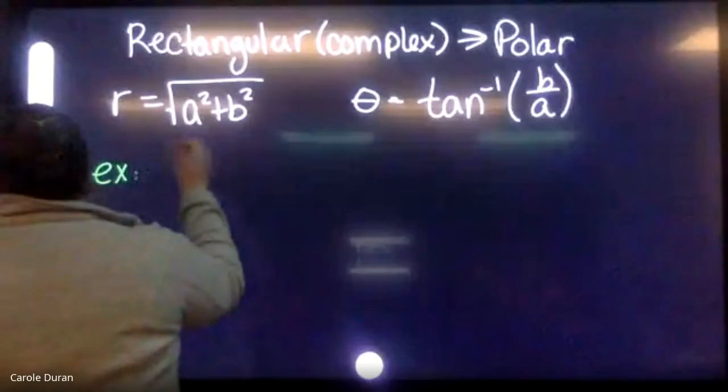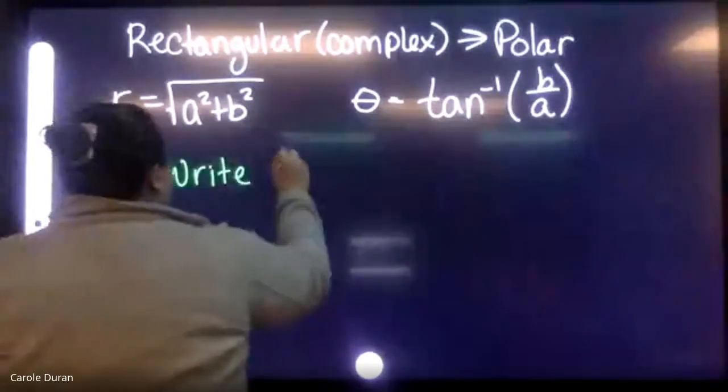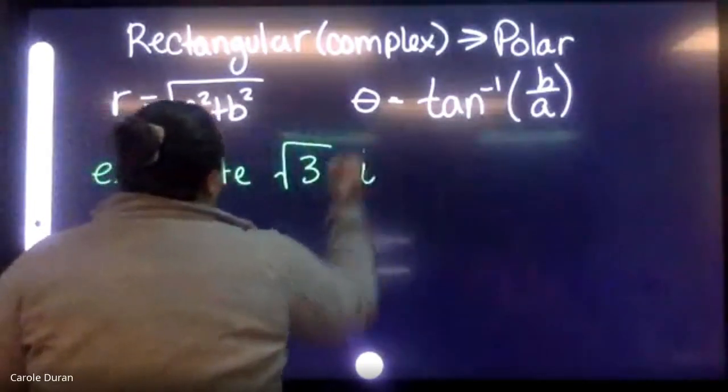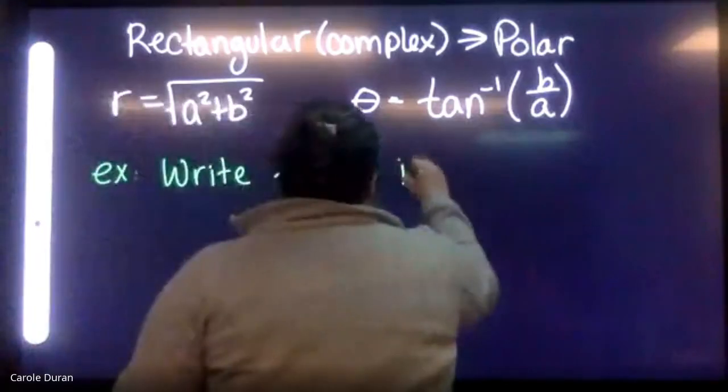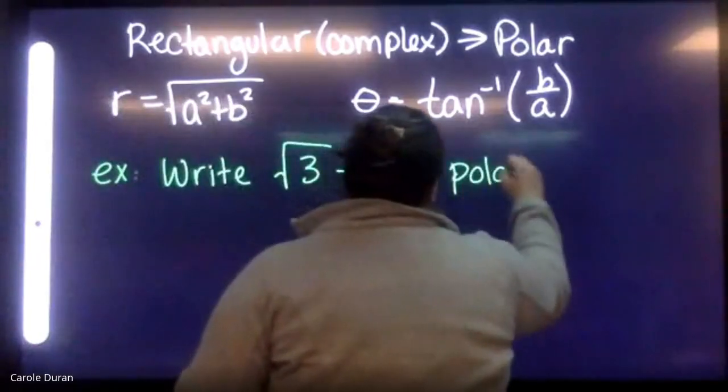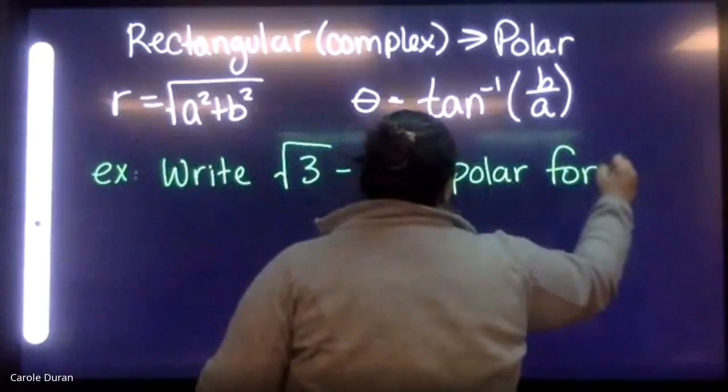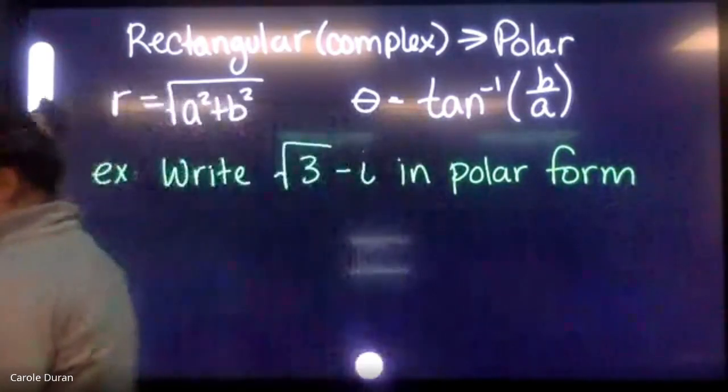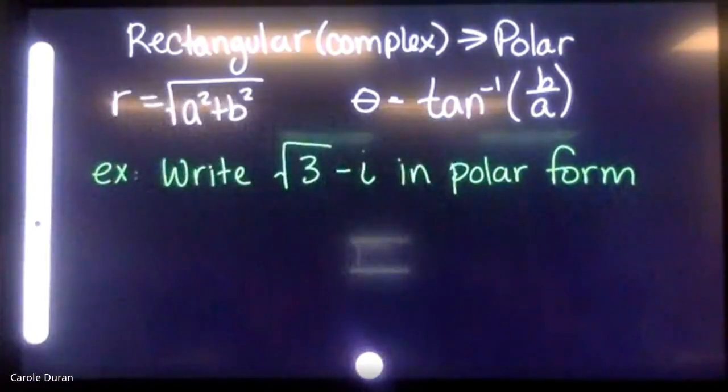So the example is we would like to write the complex number square root of 3 minus i in polar form. I know the two pieces of information I need are R and theta. Oh my gosh, there's three R's. I know.